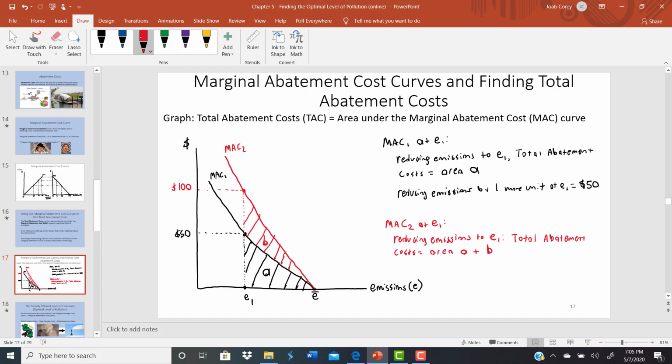It's the entire area under that marginal abatement cost curve that we're focused on at the number of emissions. And then reducing emissions by one more unit.